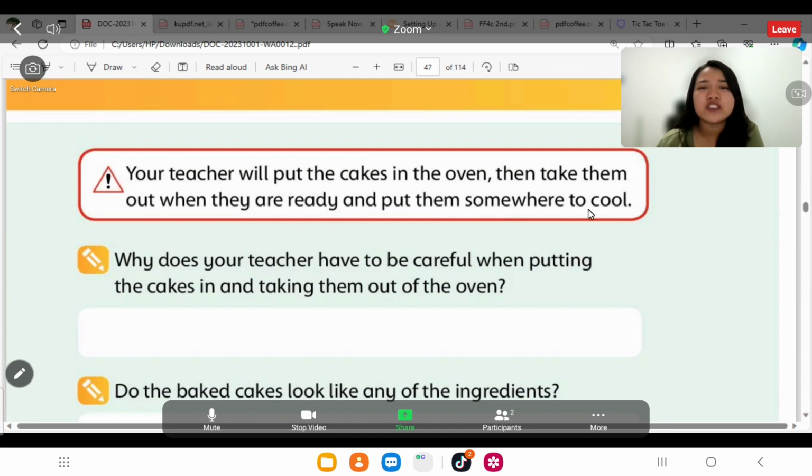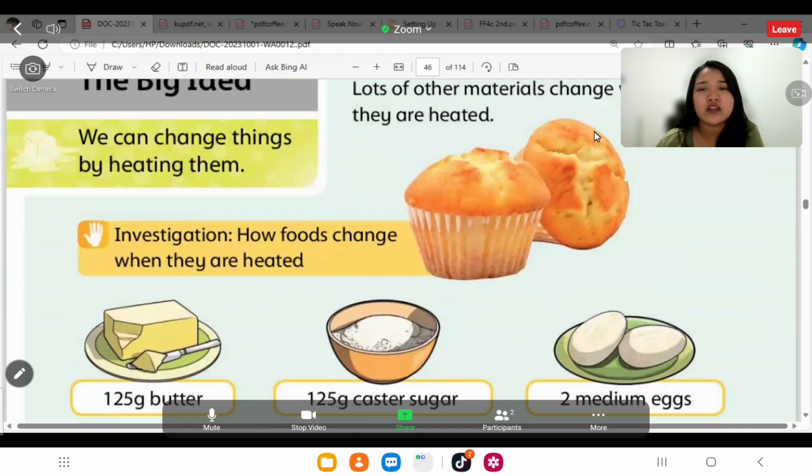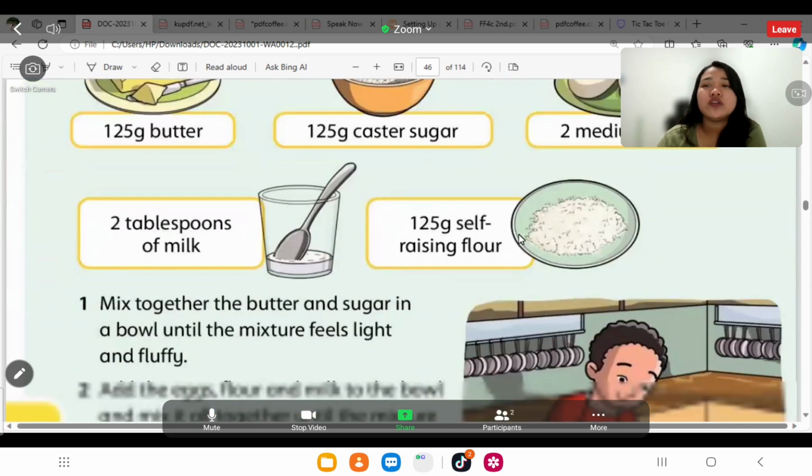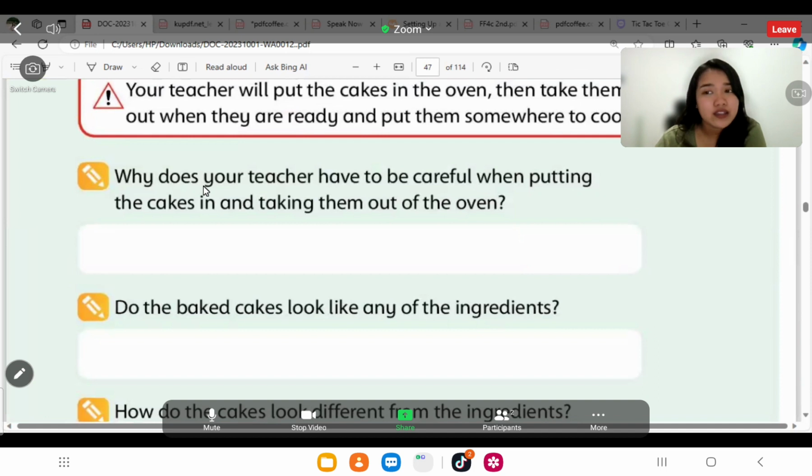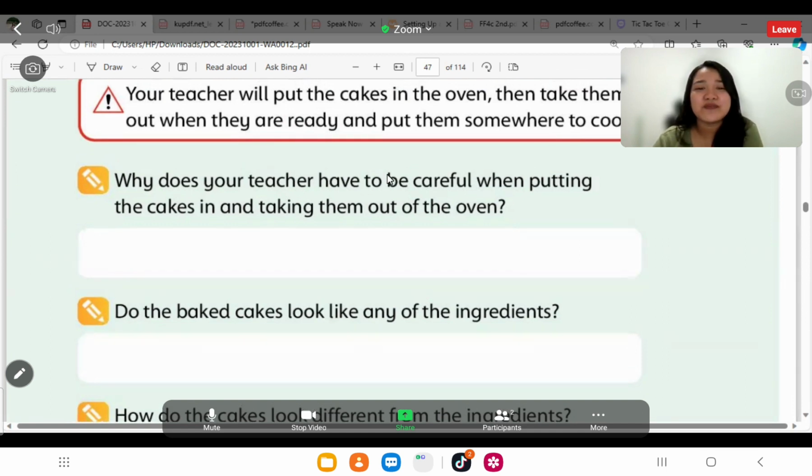So it means that, for example, I already baked it and I'm going to put that in a place that is cool or cold. So here now, Isabel, the question is: why does your teacher have to be careful when putting the cakes in and taking them out of the oven?